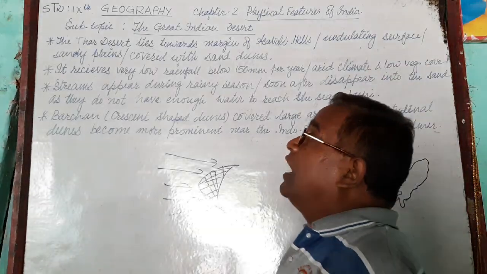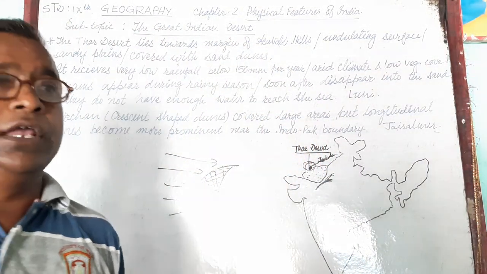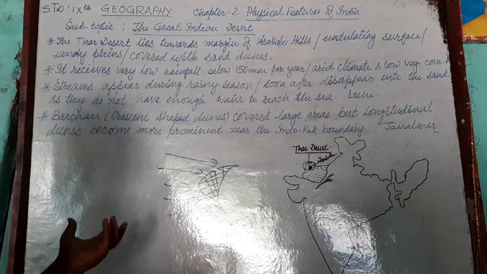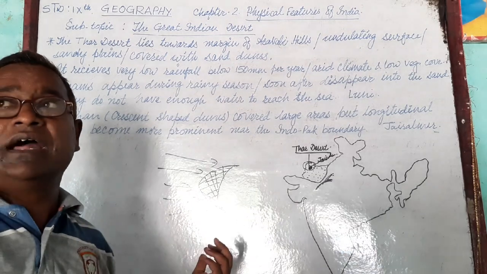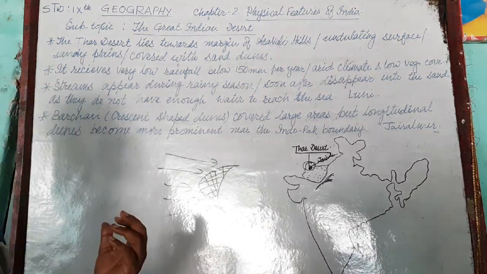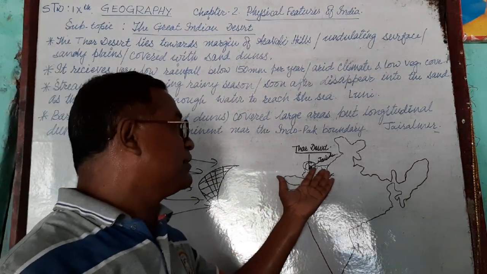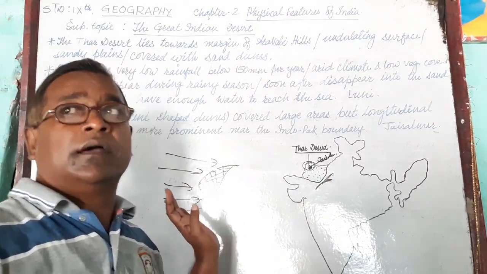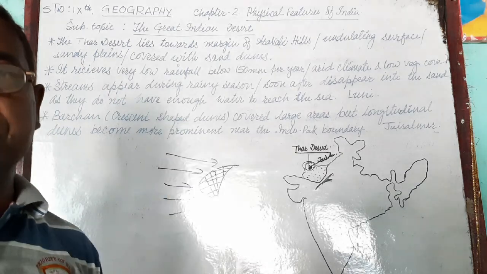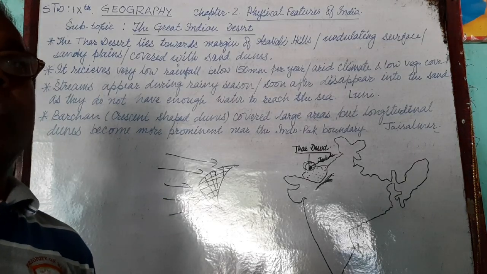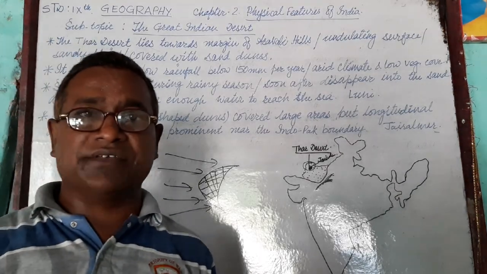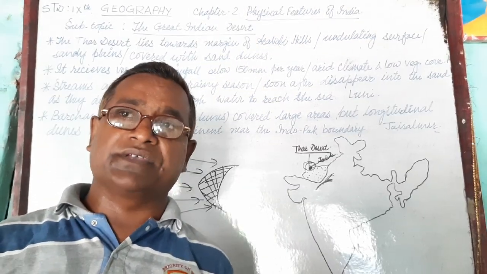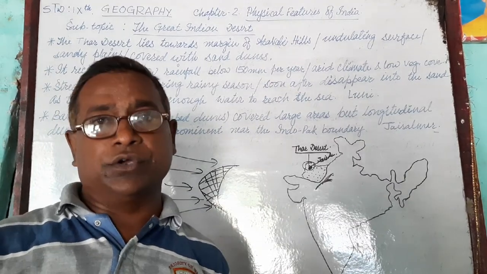Students, I hope you understand these features, the main parts of the third desert. These features are finished now, and in the next videos we will discuss our next subtopics. Okay, thank you very much.